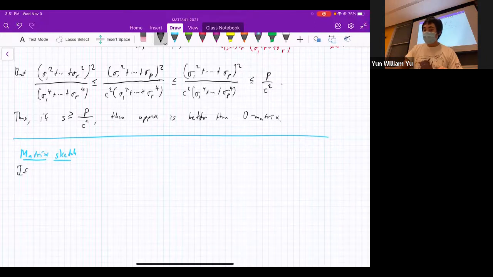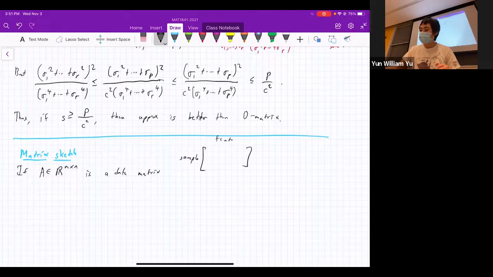So if A is in R^(m by n), let's say it's a data matrix. So if it's a data matrix, you have a bunch of samples and you have a bunch of features, right? One example I like to use is expression of mRNA, because I'm a computational biologist and I like things like mRNA.